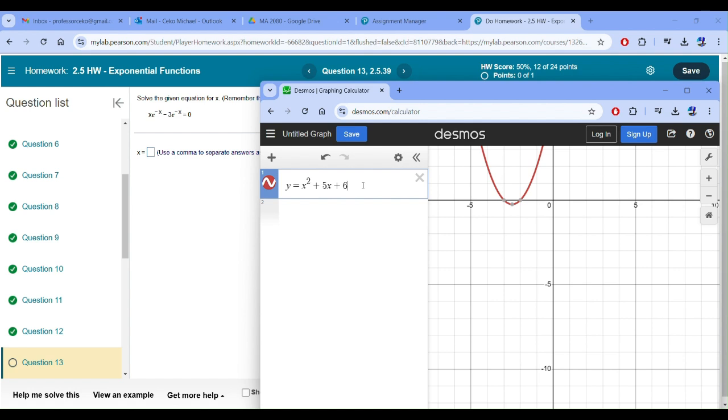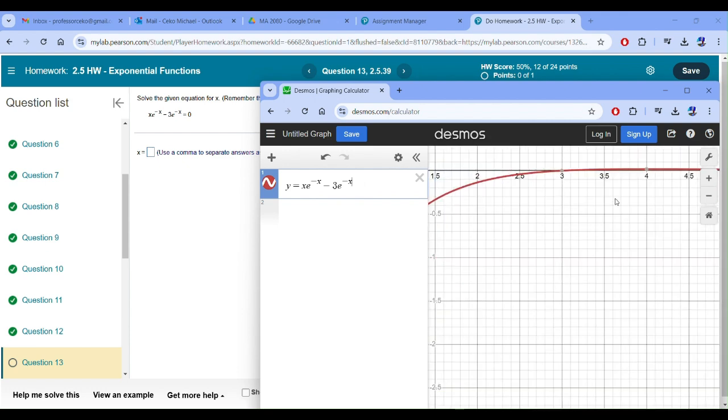Let me see what this looks like. I'm probably going to be solving for decimal numbers, raised to the negative x, and then minus 3e raised to the negative x. And when does this equal 0? It equals 0 at what?